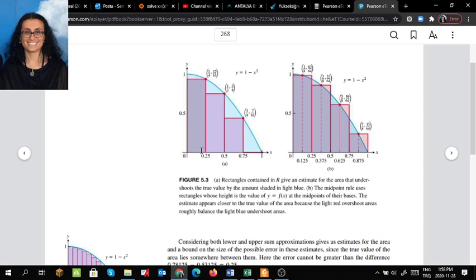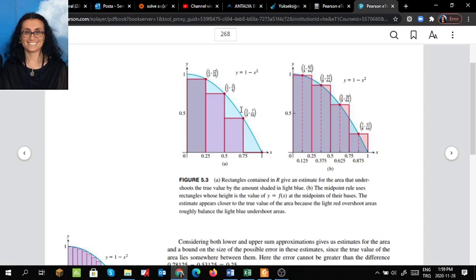We can build these rectangles underneath the curve, or we can build these rectangles by using a midpoint, which means at the end we have part of each rectangle inside the region, part of it outside the region. I mean, not exactly half, but some part of it. And this is another method.